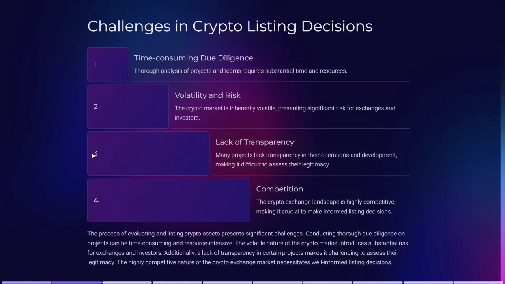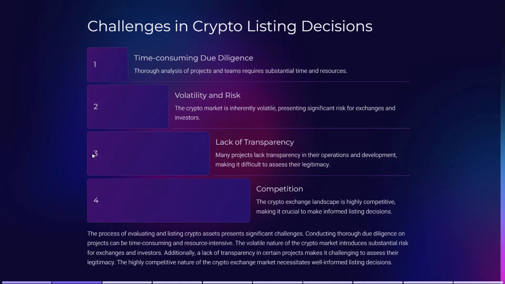So many of these projects, to give you a little bit of context, there are more than 23,000 cryptocurrencies in the entire world. And famous platforms like, for example, Binance, are currently listing only 500 of these projects after going through this thorough analysis of the projects and the white papers.